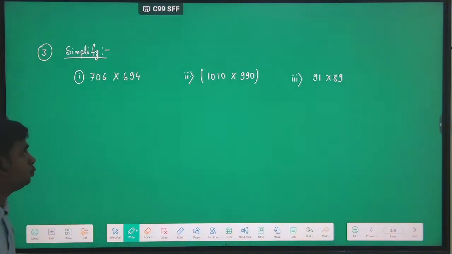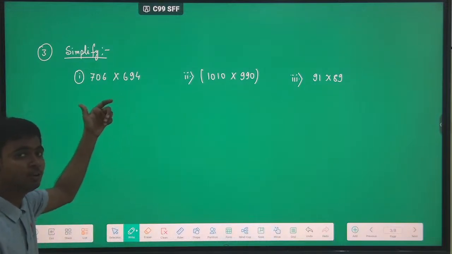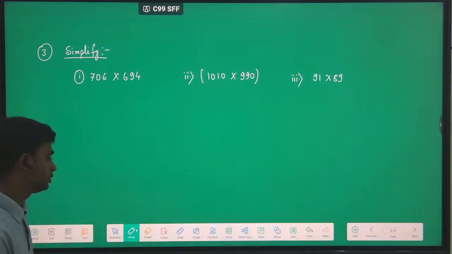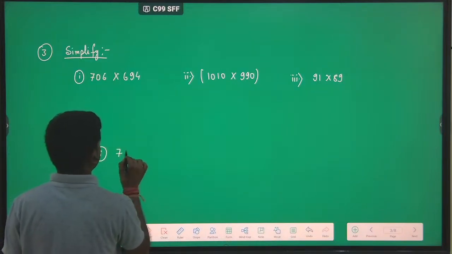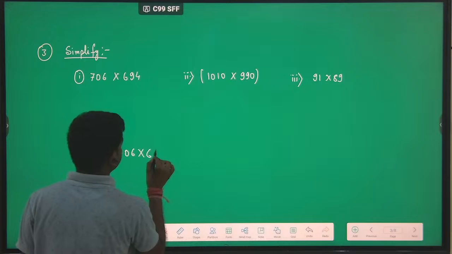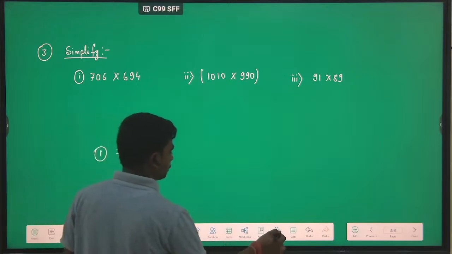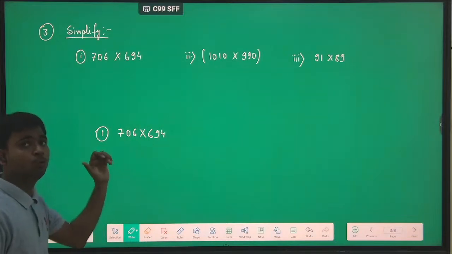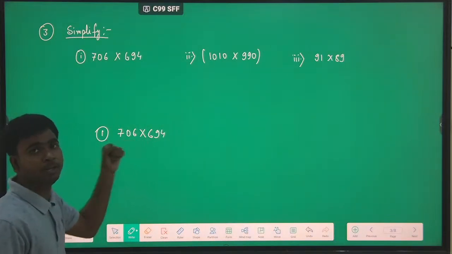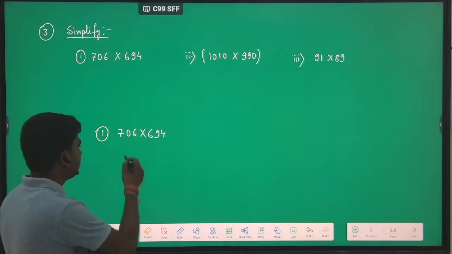So let us try to do it by using the identity. We don't know which identity will be suitable here, so let us find out.